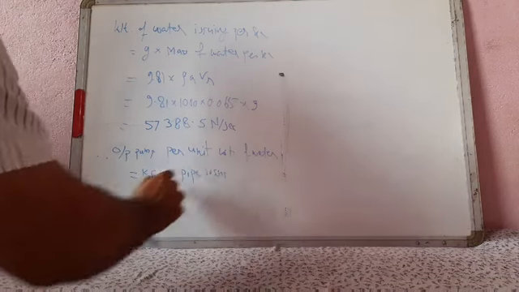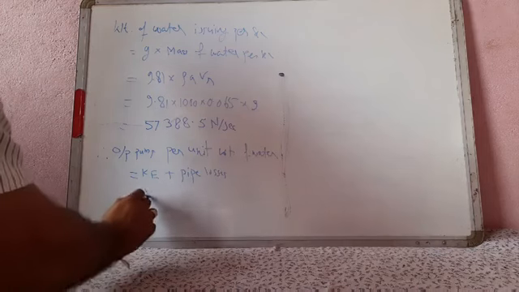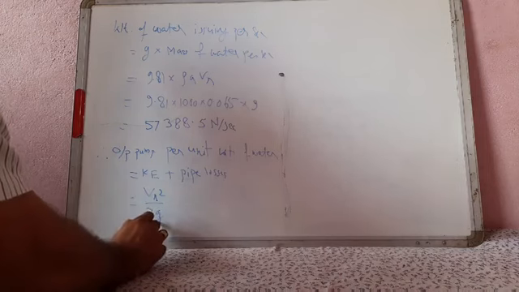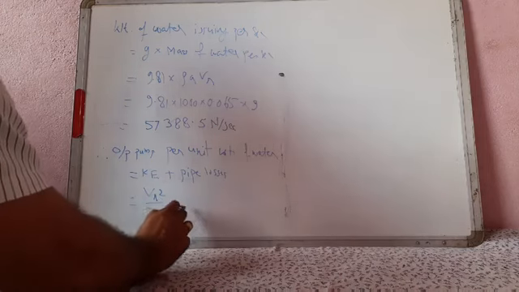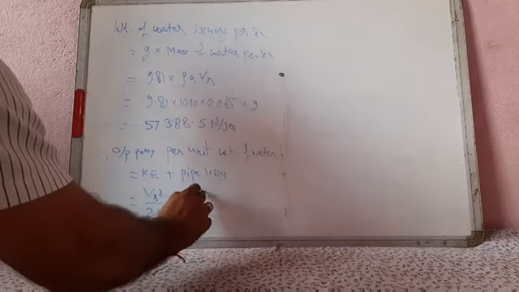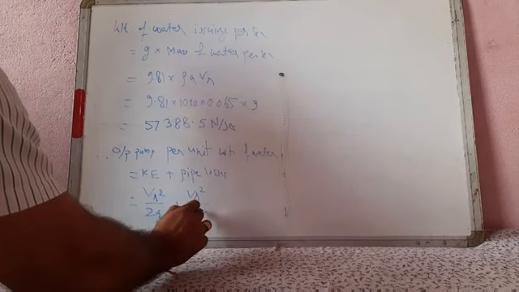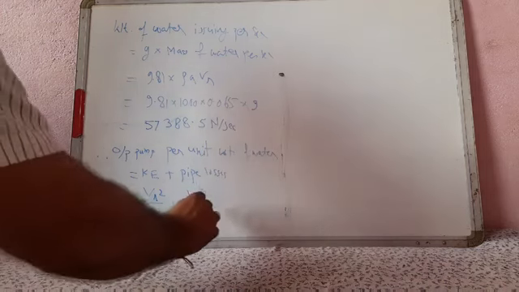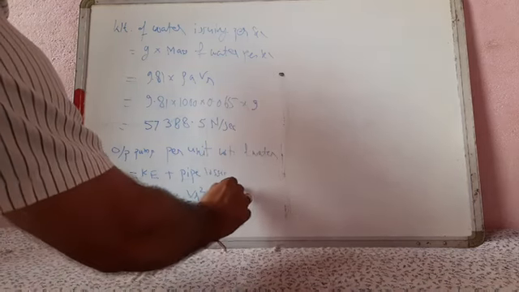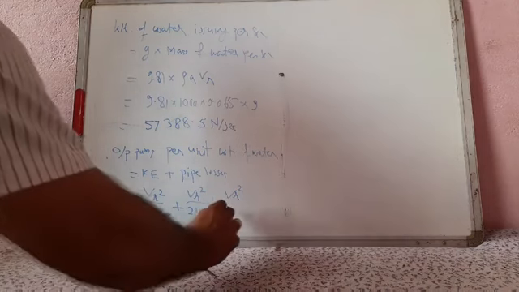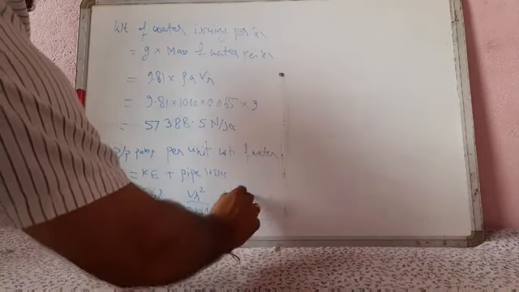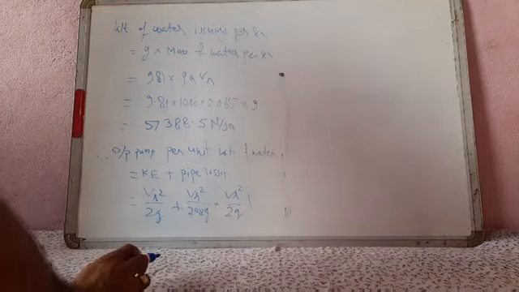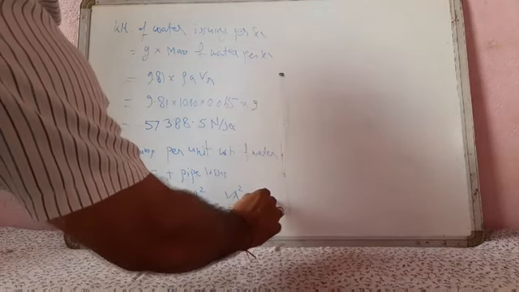So this is VR square by 2g, the kinetic energy, plus the pipe losses, VR square by 20g. So this is VR square by 2g, and taking common in the bracket, 1 plus 0.1.